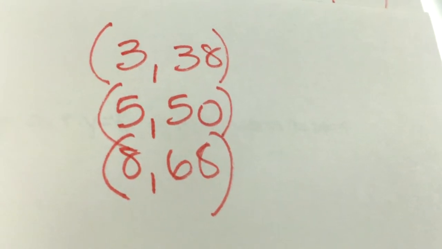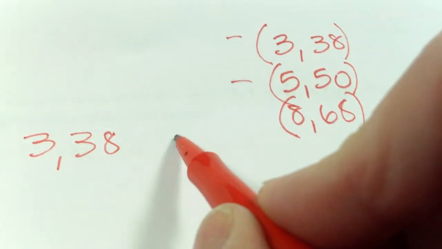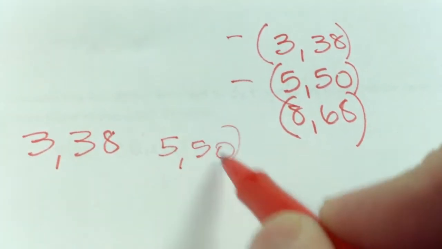So I'm going to pick 2 points, and it doesn't matter which 2 I pick. So I pick this and this. I'm going to rewrite these, (3, 38) and (5, 50), and I'm going to label them.